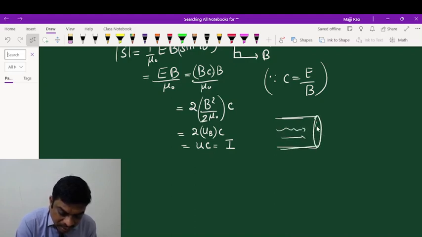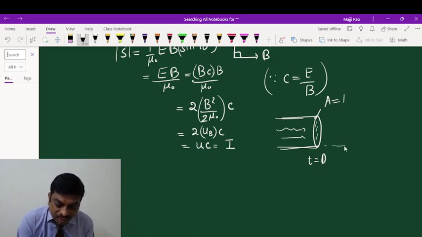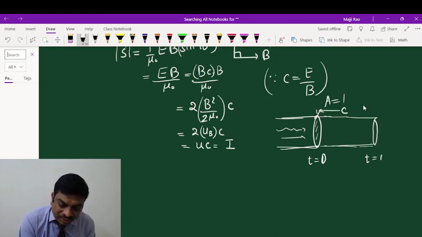We can take the cross section area as 1, and let the wave be here at t equal to 0. Then at t equal to 1 second, it would have traveled a distance equal to c, that is the speed of the wave. Is it, students?